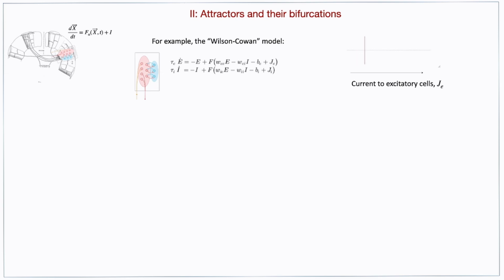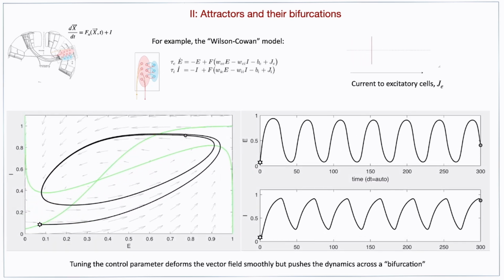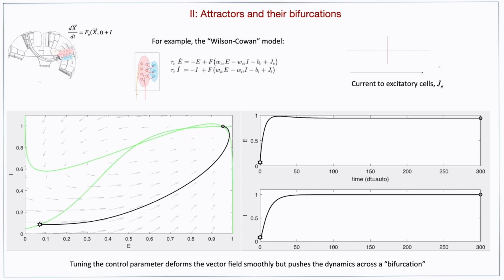A standard neural mass model, I think it appeared somewhere in John's History of Dynamical Systems, probably in the 1970s, is this rate model, the Wilson-Cowan model. And it's got a parameter J, which is the input to both sets of E or I. And so now we're going to wiggle this up and down, and you can see exactly the same underlying dynamics.